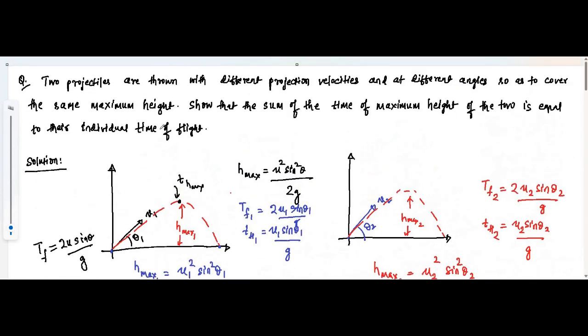So here we have proved that for the two projectiles thrown with different projection velocities and at different angles but with the same maximum height, the sum of the times of maximum height of both projectiles is equal to their individual time of flight.